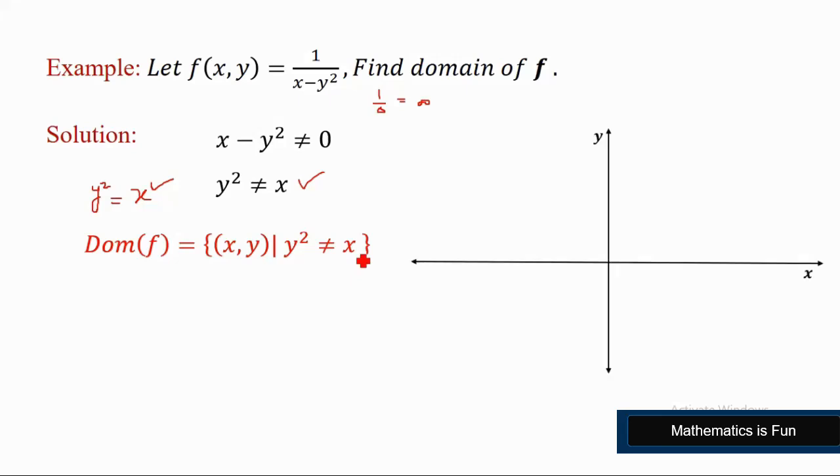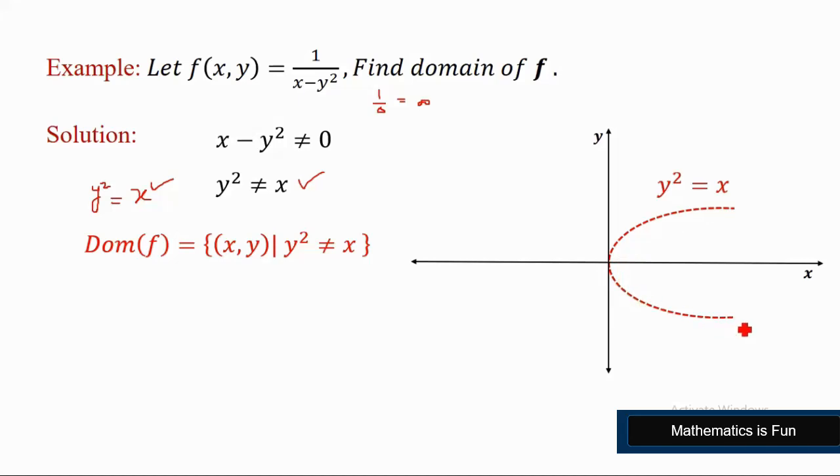So here is the x and y coordinate. First we would sketch the parabola y square is equal to x. Now here it is the graph of y square is equal to x. Now the points that satisfy y square is equal to x are the points on this parabola.